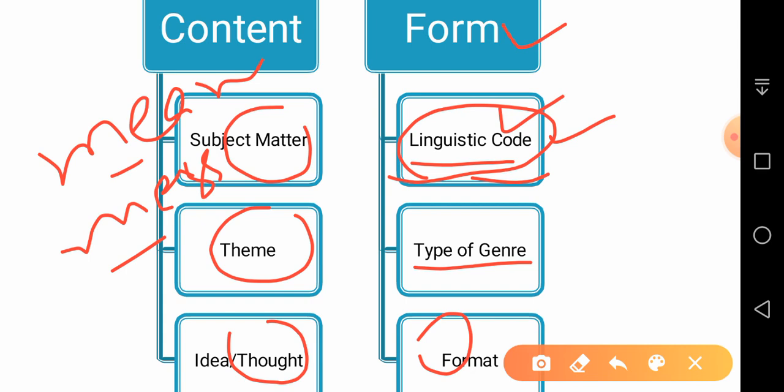So in order to get at the meaning or content or the thought, we have to pass through the maze of linguistic code. So if the language is a foreign language like English, and we are studying a literary piece written in English, so as a reader, we have two types of difficulty. Number one, that the language is unfamiliar to us.